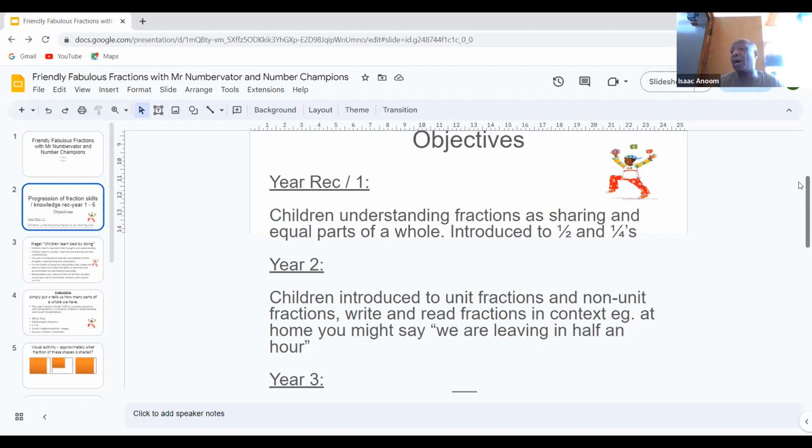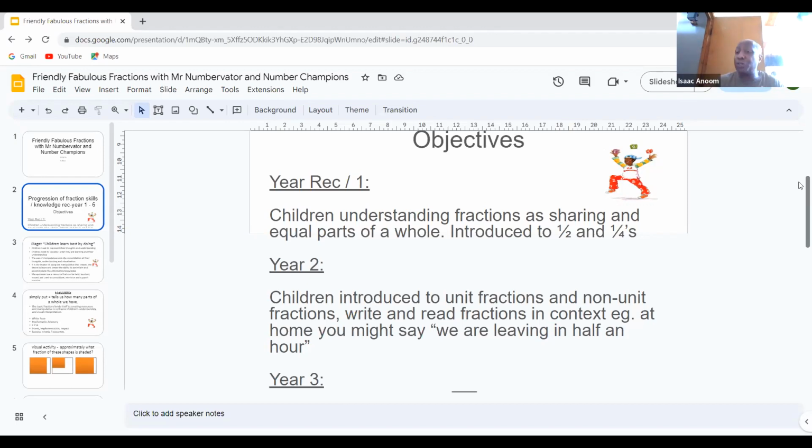For example, at home, we might say to our families, look, we're leaving the house in half an hour. Make sure you're ready by the door. So this is how we can use fractions in everyday language. We're leaving in half an hour. You've only got a quarter of an hour to get to school.